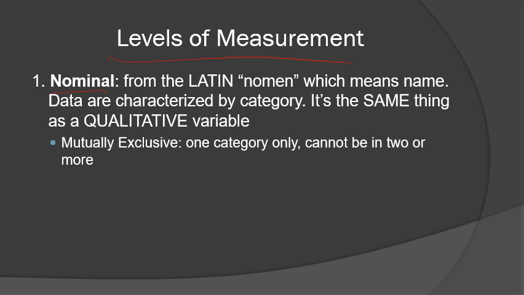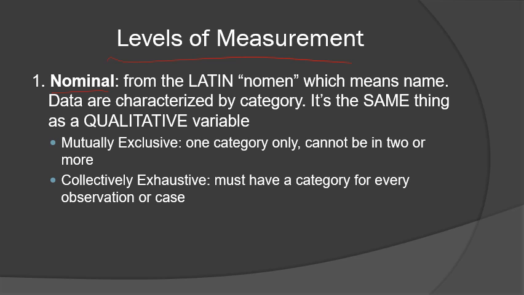So you can't have something in two or more categories. It must be collectively exhaustive, as in everything that you're measuring must have a category, meaning if you've now got that car that's welded together from 2 different ones, you need to create a new category for it so that every observation has a category.